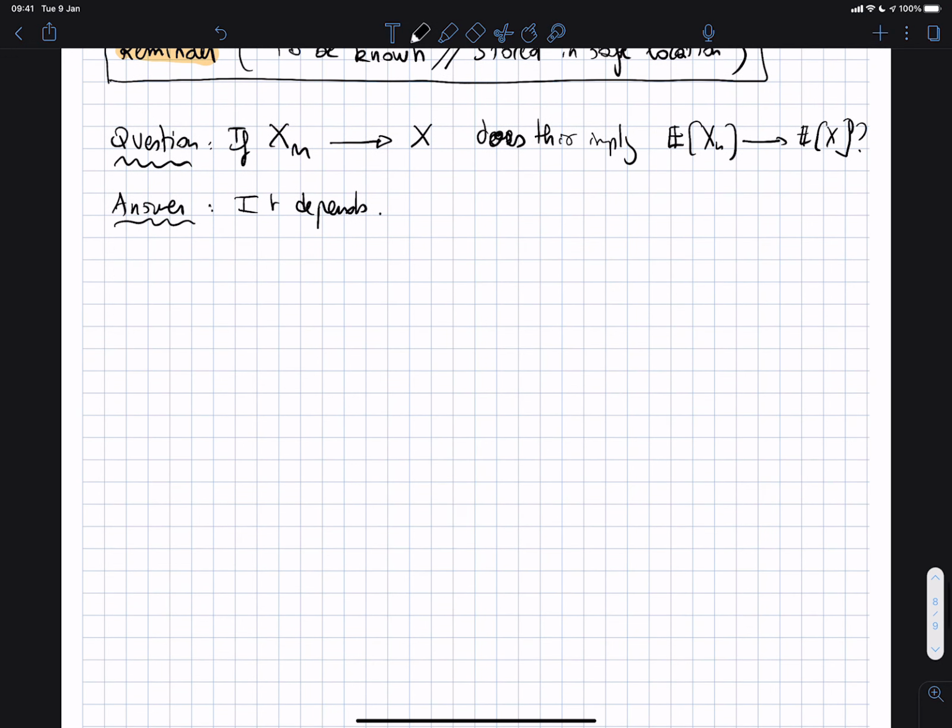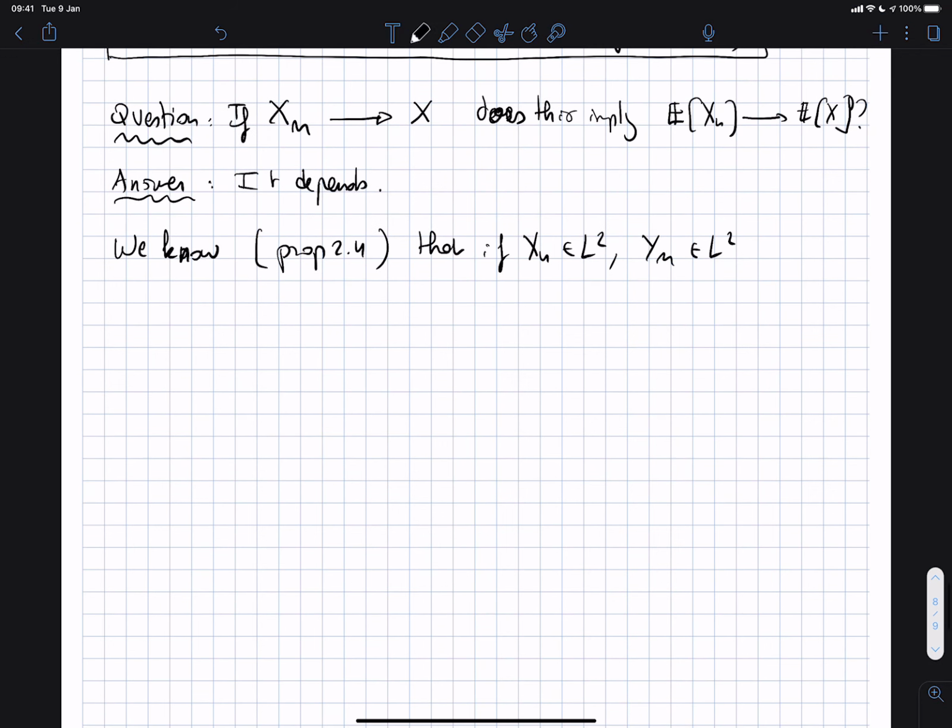What we have already seen, proposition 2.4 seemingly, is that if xn is in L2 and yn is in L2, we're working in the Hilbert space L2 equipped with the L2 norm, which we know to be nicely well behaved.